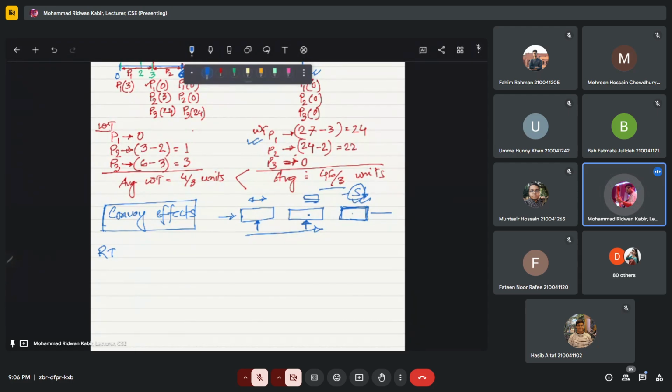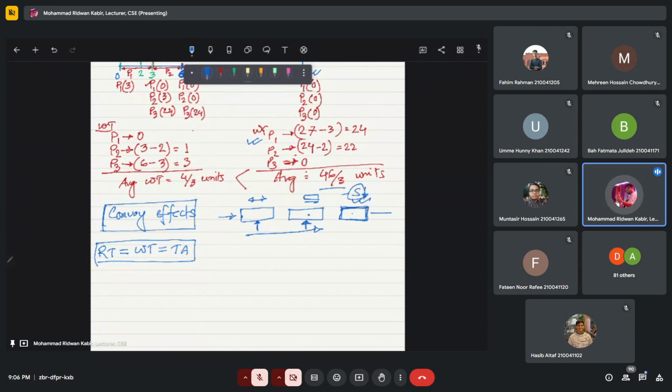That means the response time for this scenario will be equal to the waiting time, as well as equal to the turnaround time, because the time it arrived and the time it left the CPU is the time when it actually completed execution. The process left the CPU only when its execution was over. So in this particular case, the response time, waiting time, and turnaround time are basically similar.